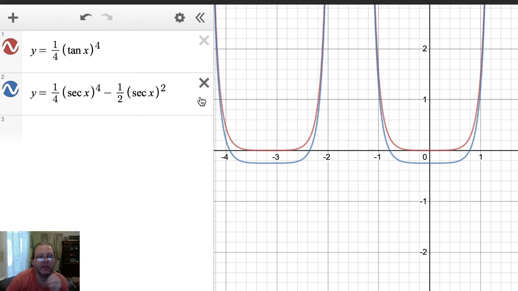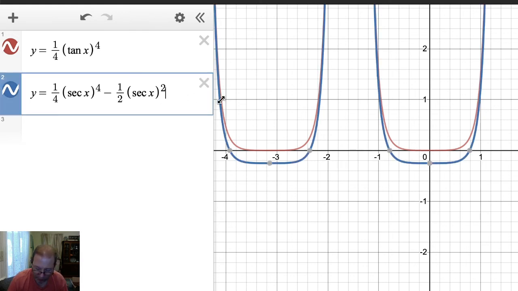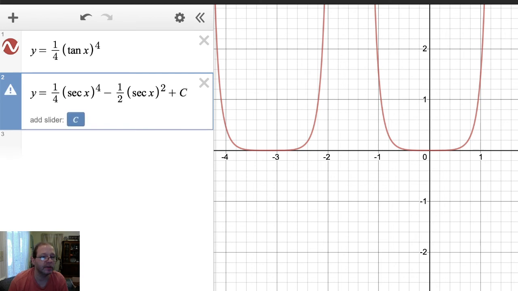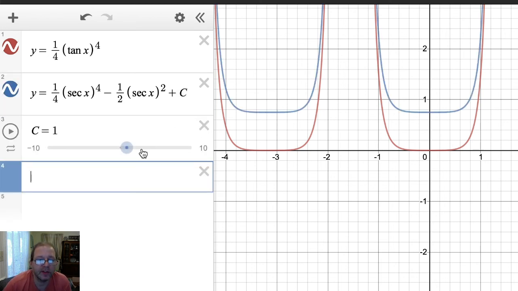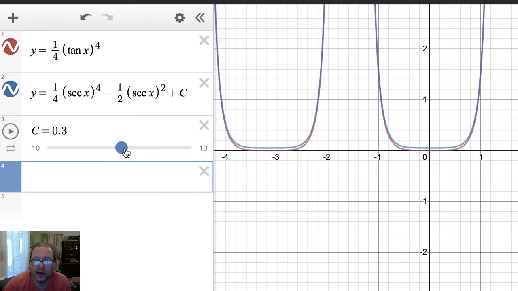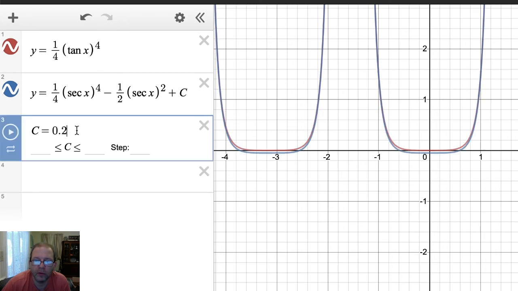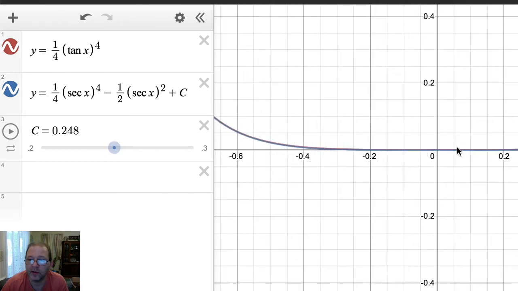But the thing is, they differ by a constant. So I'm going to put plus c on the end here. And I should be able to slide this around. Somewhere between 0.3 and 0.2. So if I move this somewhere in here, I should be able to get them exactly on top of each other.